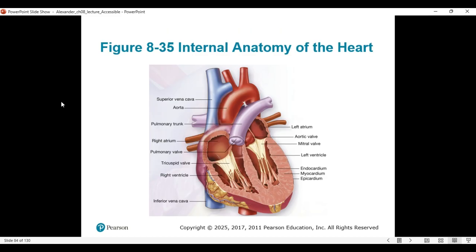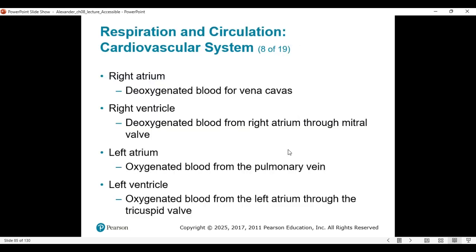Here's a nice picture of your heart, including your valves, the tricuspid and the bicuspid. The right atrium gets deoxygenated blood from your vena cavas and pumps it down into the right ventricle.